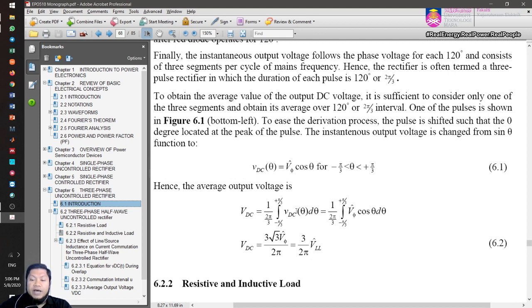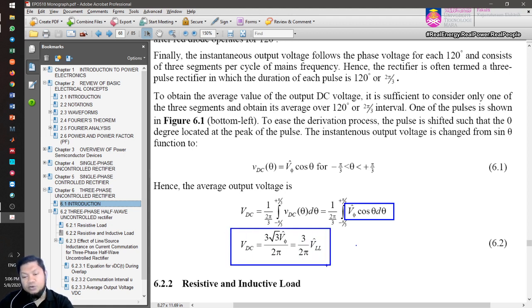So that's why in this derivation we have the integration from minus pi over 3 to pi over 3 of V peak phase cos theta d theta. You divide by 2 pi over 3 because you want to get the average, and the final equation is VDC, the output voltage, equals 3 over 2 pi V peak line to line. I hope it's clear now.